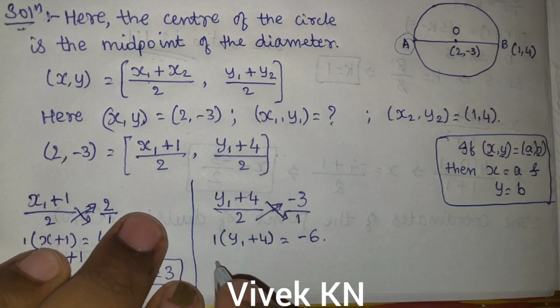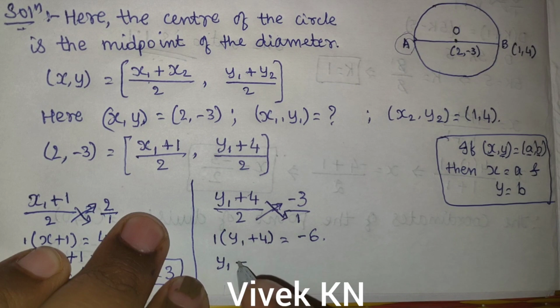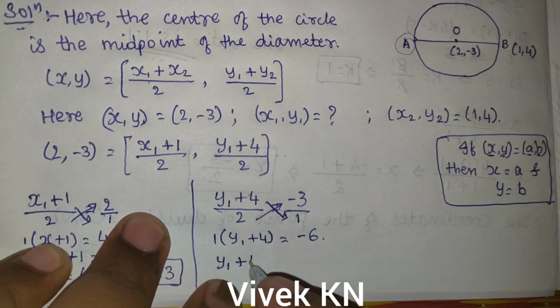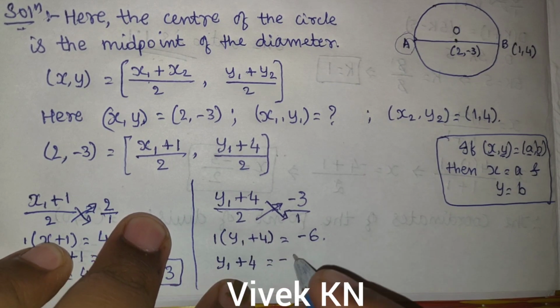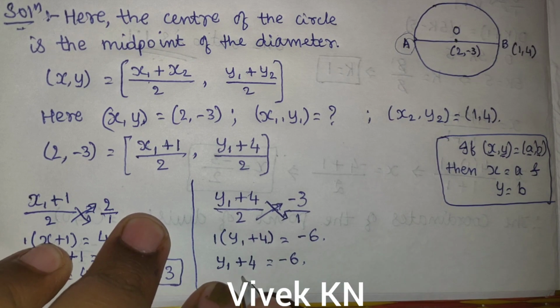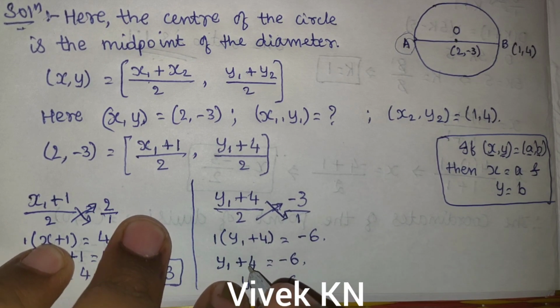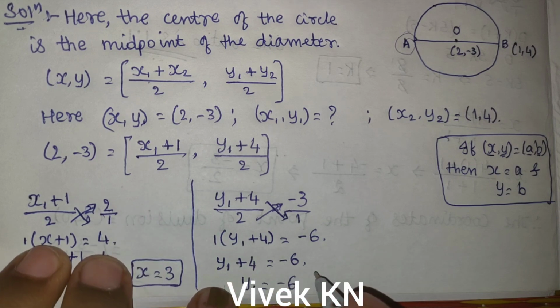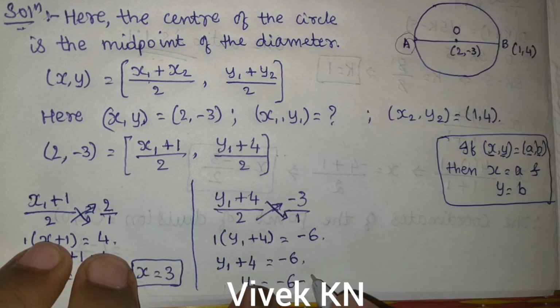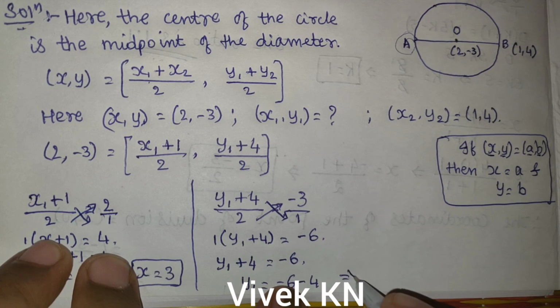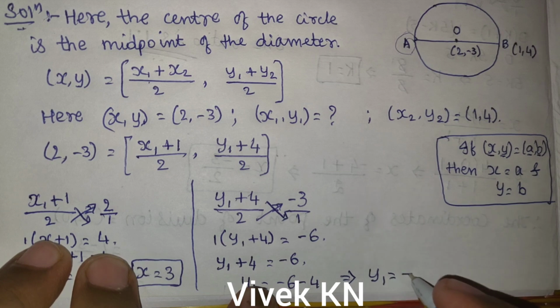So y1 plus 4 is equal to -6. When we shift this plus 4 to the RHS, it becomes minus 4. So y1 is equal to, when we add -6 and -4, we get -10 as the answer.